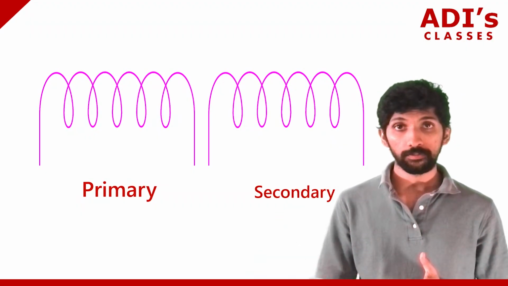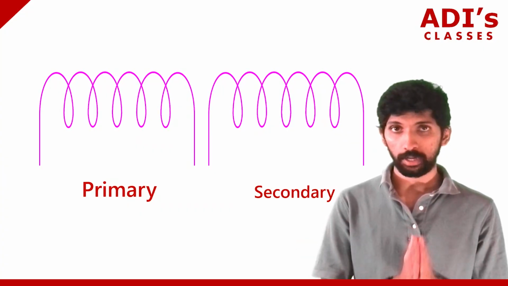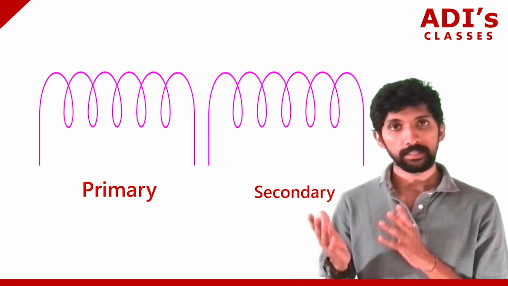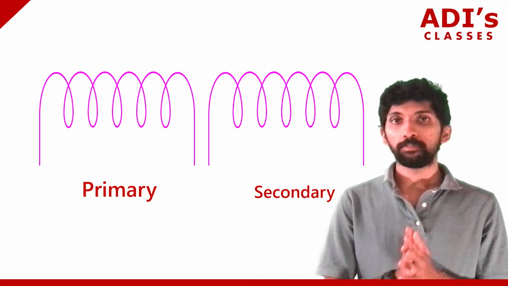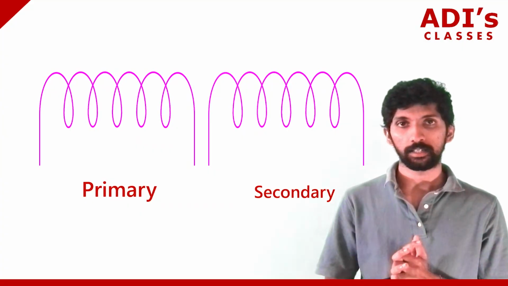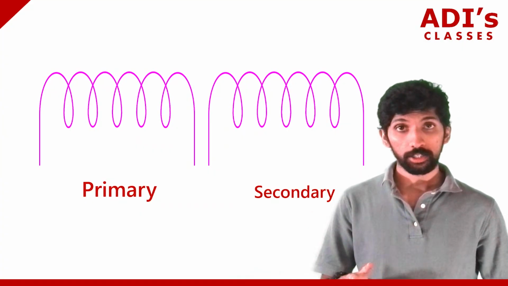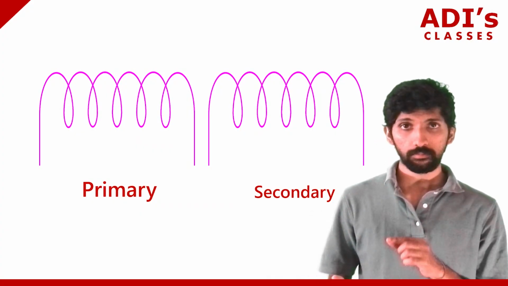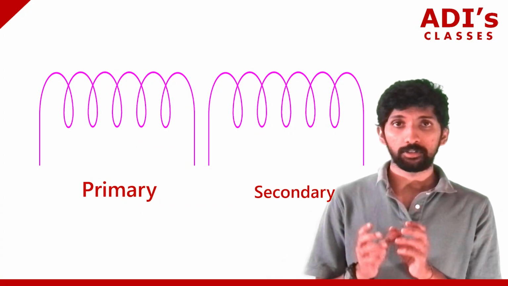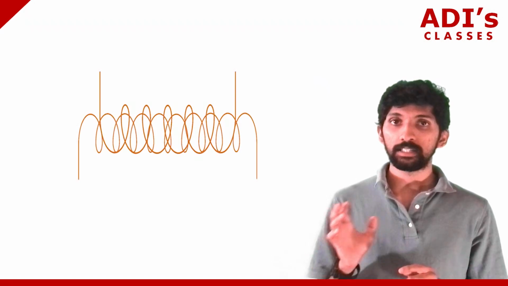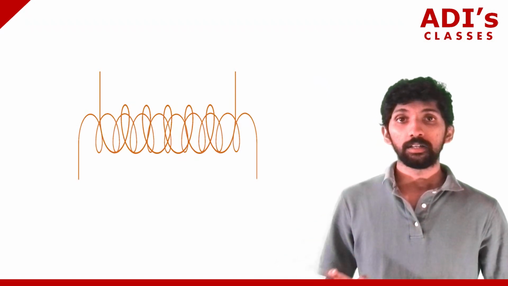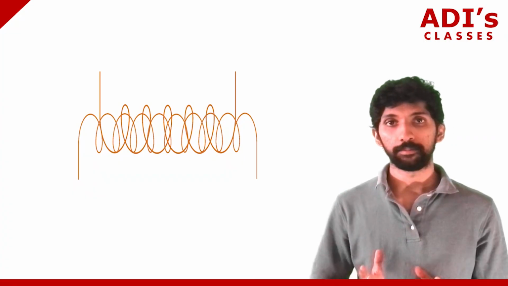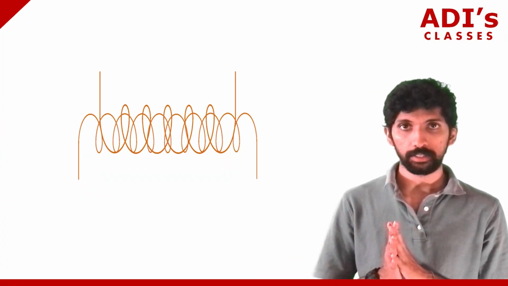Not every flux of the primary is linking with the secondary, but still the majority portion of the flux will be linking with the secondary. Now in the second coaxial type, almost every flux which is there in the primary will get linked with the secondary. So here the flux will be maximum. This is the maximum case.